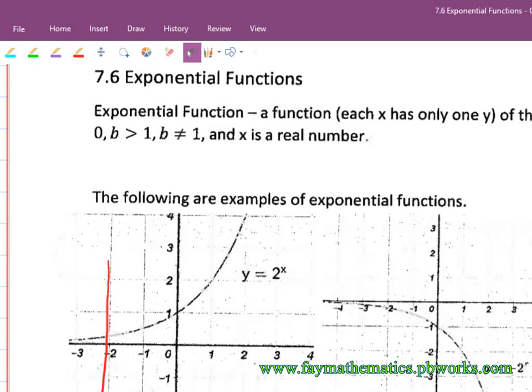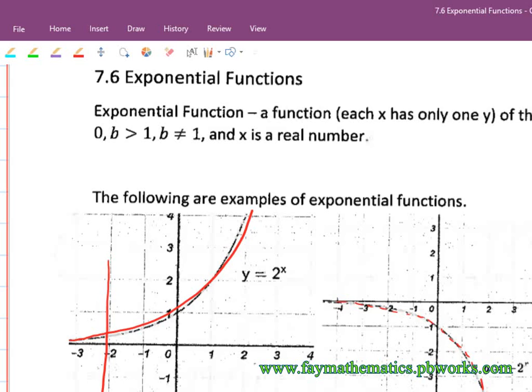Things that are exponential are going to show this curve, whether it be increasing, so we would call this exponential growth, or this one here, which is unique because it's essentially a reflection across the x-axis. Still exponential, but we don't call it growth. This one would be what we call exponential decay.